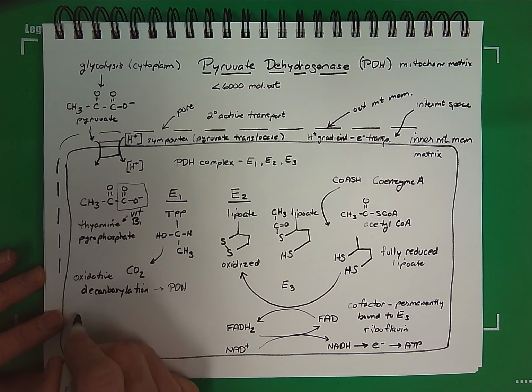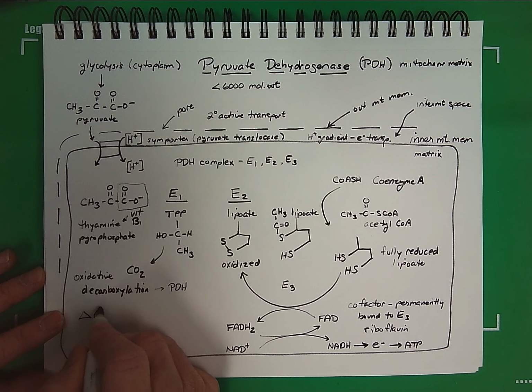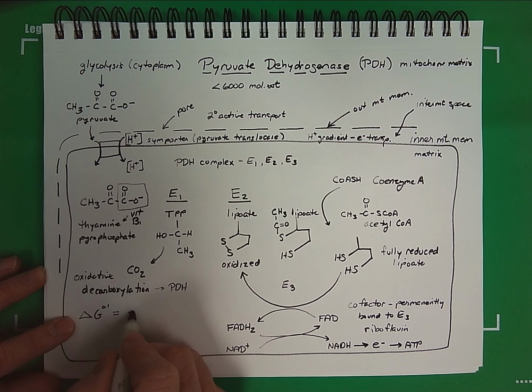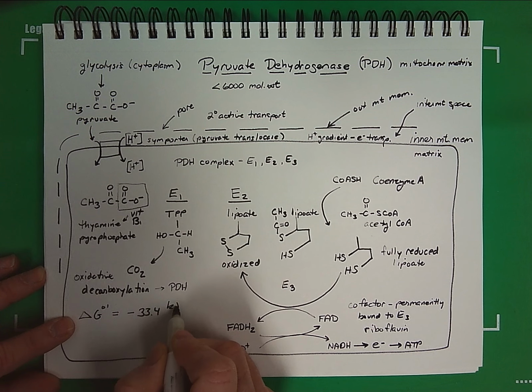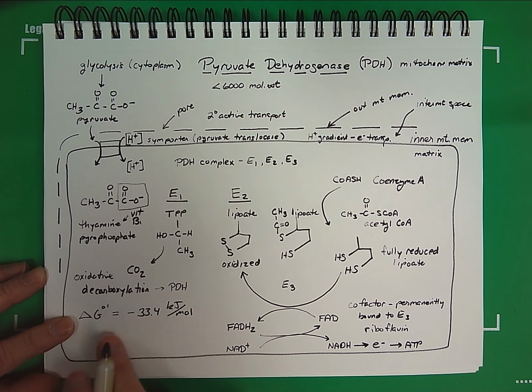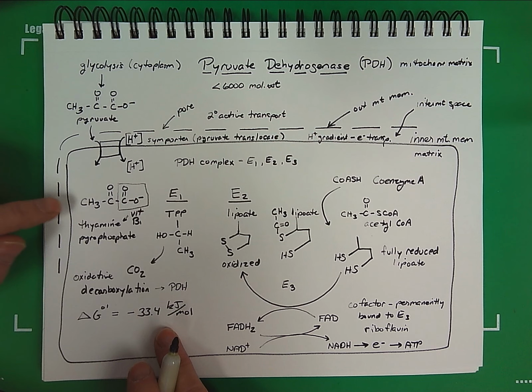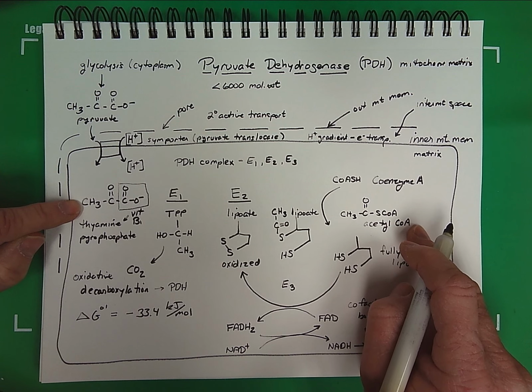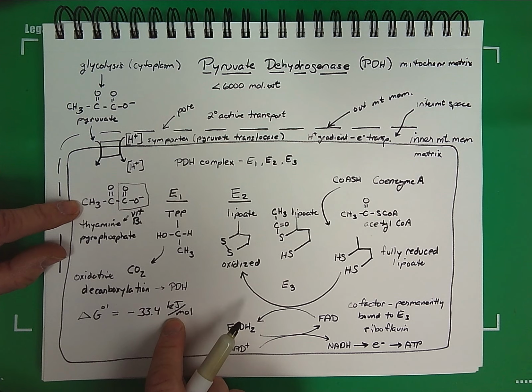One final note is to look at the standard free energy change of this enzyme complex, the delta G 0 prime, and it equals negative 33.4 kilojoules per mole. This is a huge negative delta G, so this indicates that this reaction is only one way. So the generation of acetyl-CoA from pyruvate cannot be reversed. It's a one-way reaction with this huge standard free energy.